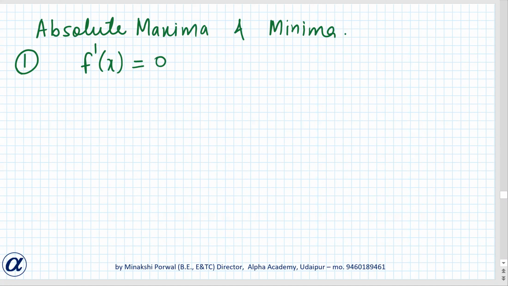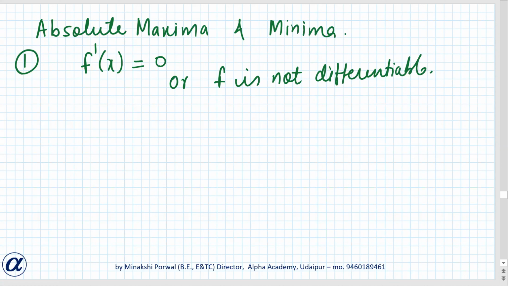Then find all the points for which f dash x is equal to 0, or f is not differentiable, that is, the points where the function is not defined. This will be the critical points.